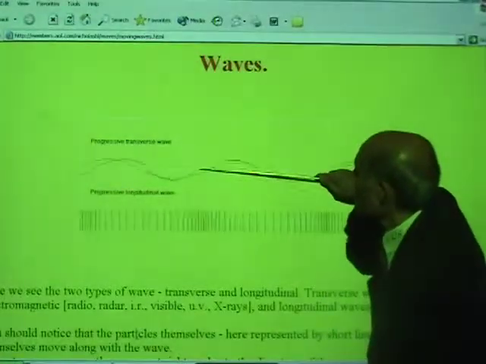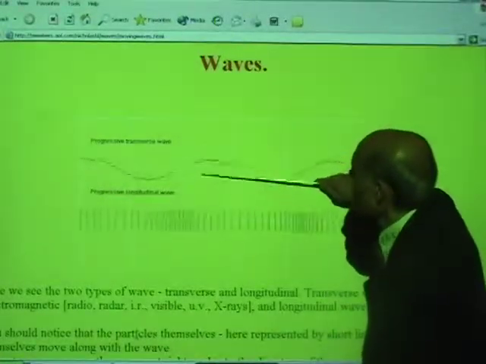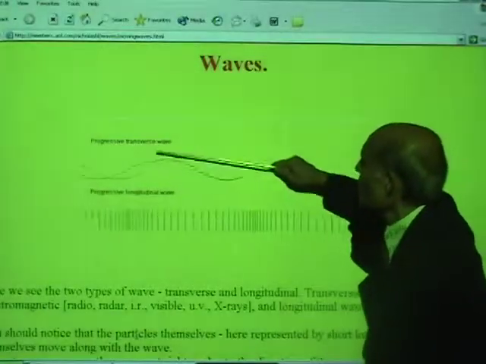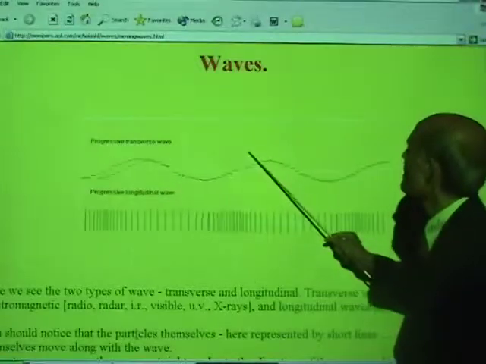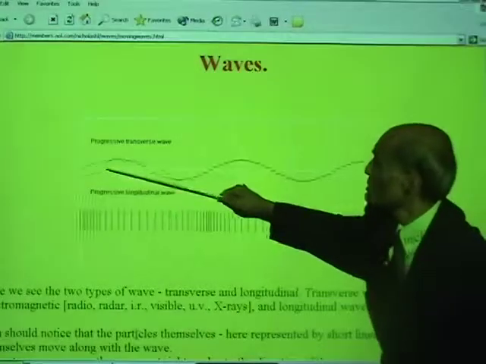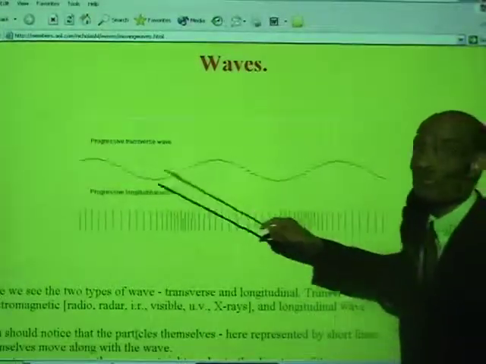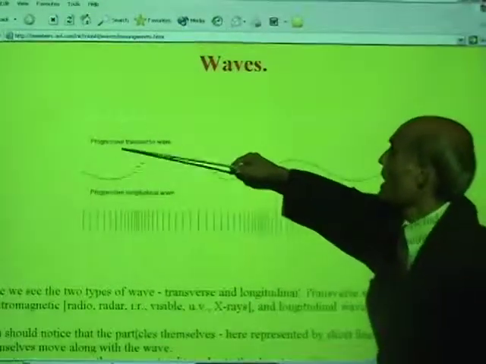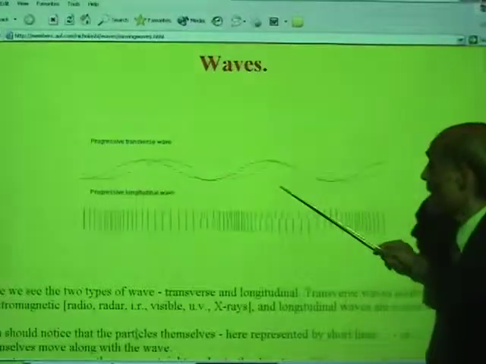What's the motion of this red particle? It simply moves up and down, and look at the wave profile. The wave gets propagated that way. This is a transverse wave. A transverse wave has, now you got, crests and troughs.